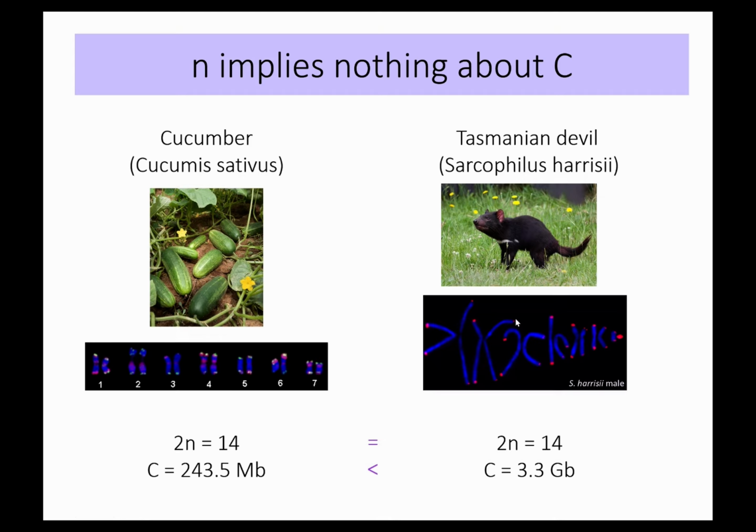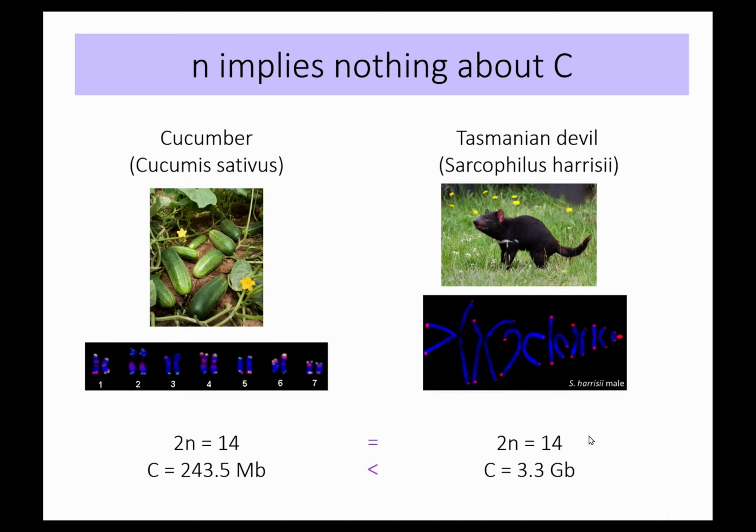So we mathematically equate these organisms, right? We are 2n equals 46 organisms. So 2n equals 14, but look at the C value. The C value of the Tasmanian devil is so much larger, pretty much the size of ours. 3.3 billion base pairs as opposed to 243 million base pairs. So what can you deduce from this? Just by looking at these numbers alone at the bottom, what's one conclusion you can make about the chromosomes of the Tasmanian devil?